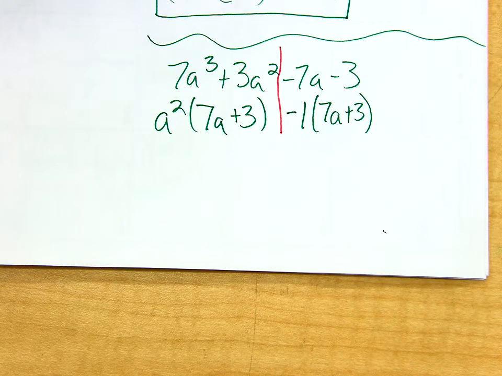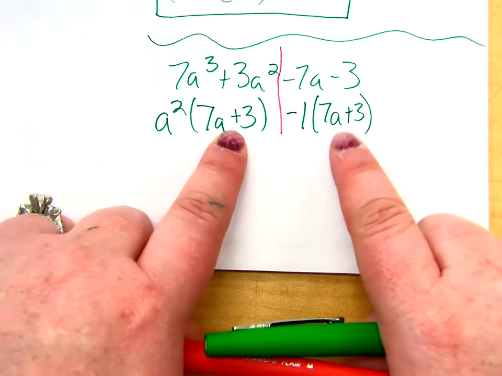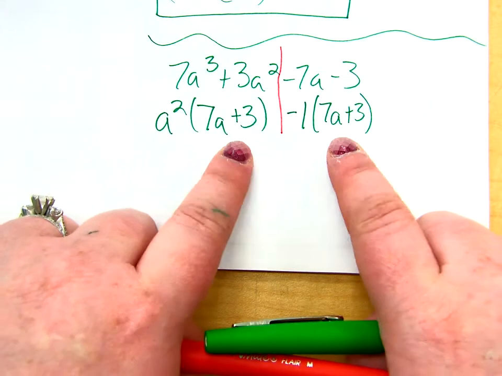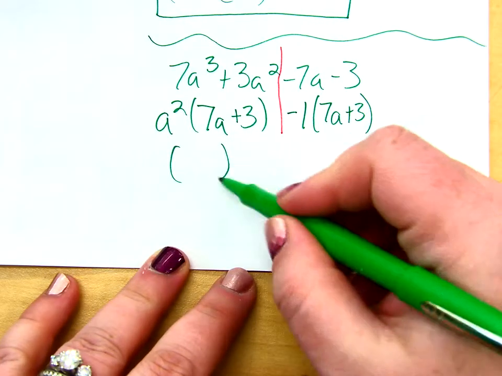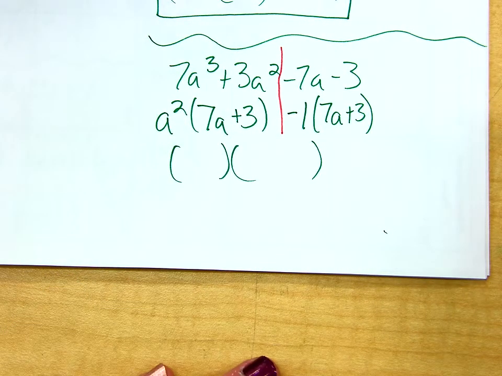They don't match if one of them is x plus 3 and the other one is x minus 3. That doesn't match. So there's an issue if you have something like that. But these match exactly. They have to be exact replicas of each other. They are.